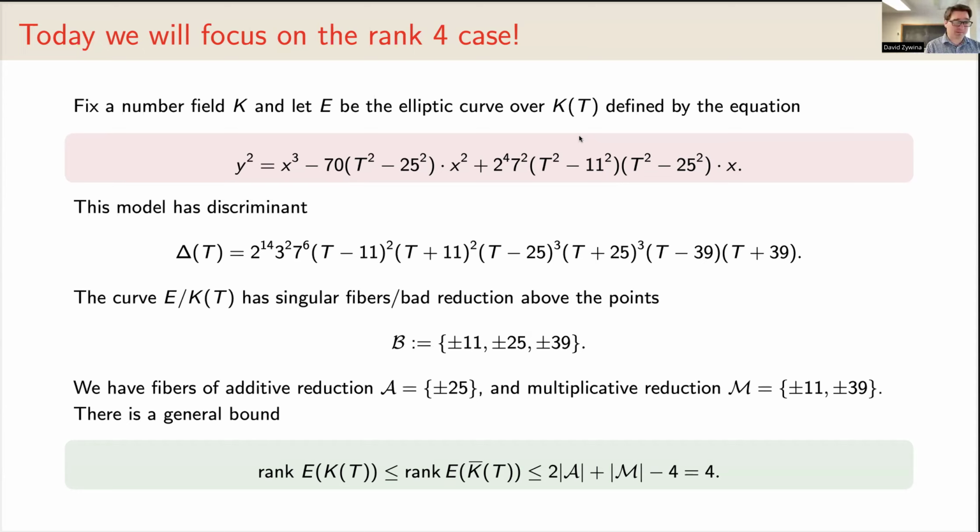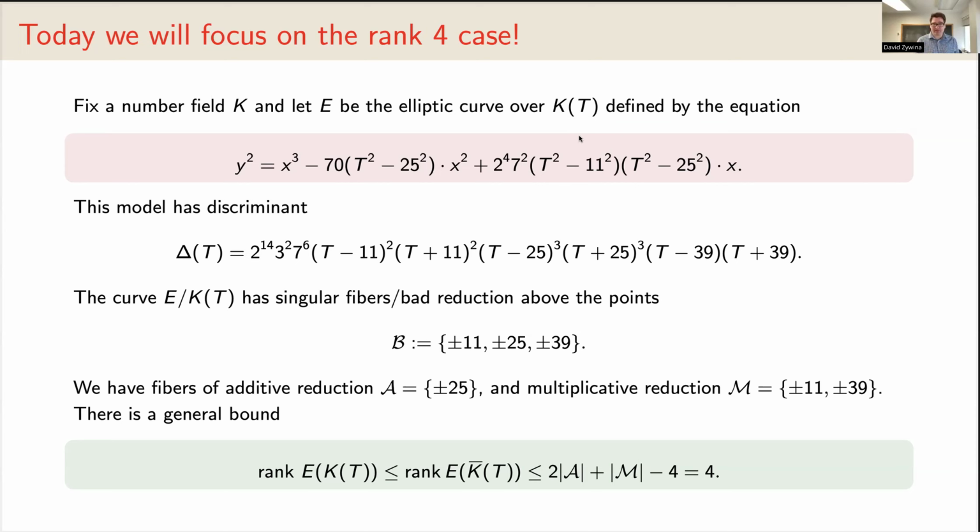The first right away amazing property is its discriminant, which is essentially the discriminant of the cubic in X. It's a polynomial in T, and it factors into linear terms, not what you would expect from a random Weierstrass equation. So I can start plugging numbers in my number field in for capital T, and that's always going to give me an elliptic curve, except when T is a root of this polynomial.